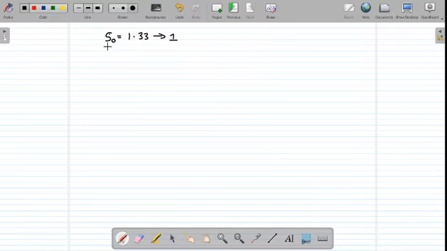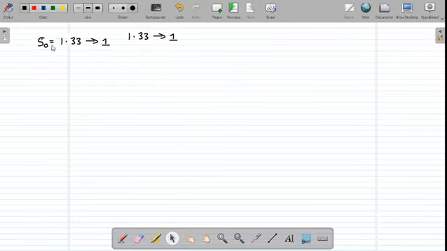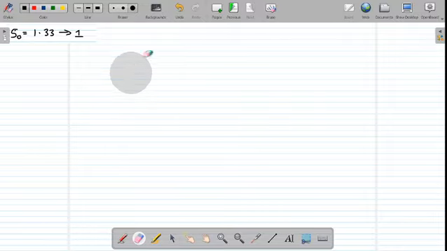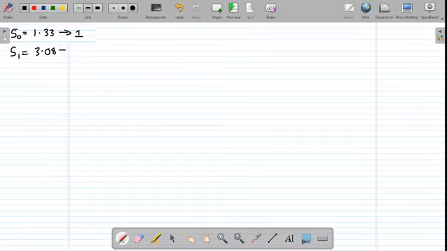S1 was 3.08, so this can be rounded to 3.